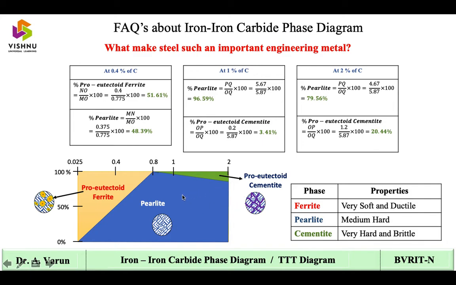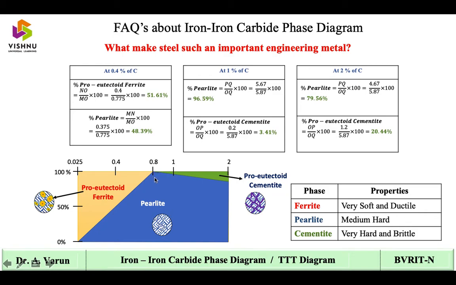So suppose you select somewhere at 0.4 percentage of carbon, you are selecting a material which has 50% ferrite and 50% pearlite, which is giving you a combination of soft ductile to medium hard. And this is possible when you vary the percentage of carbon accordingly and choose the microstructure accordingly.